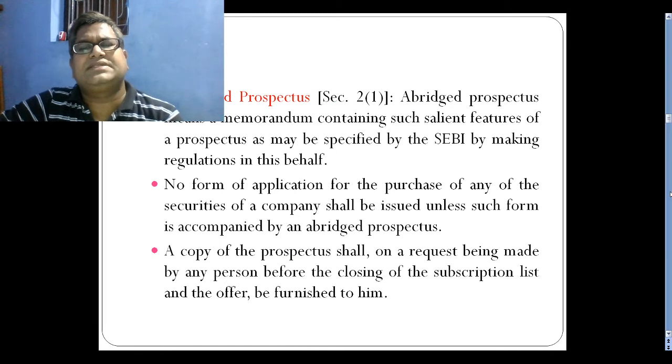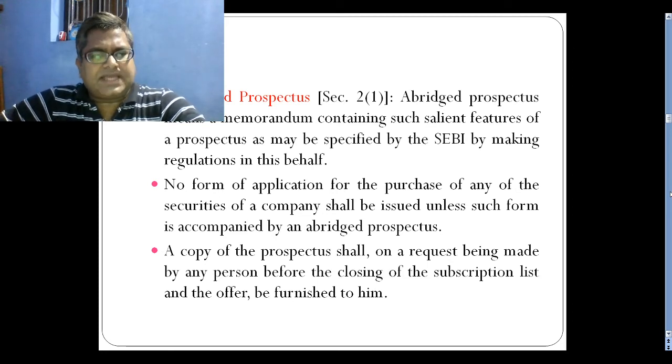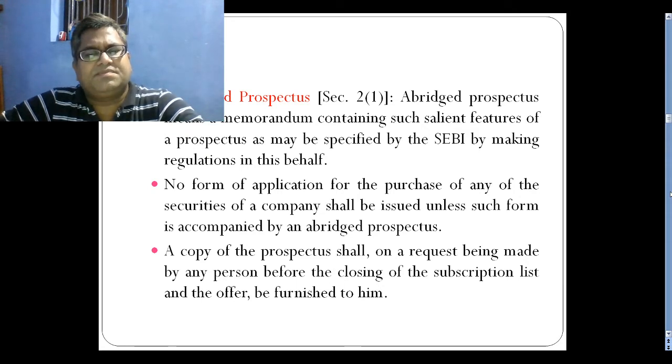It is a memorandum containing salient features of the prospectus, as may be specified by SEBI by making regulations in this behalf. There is no form of application for purchase of any securities, and a copy of the prospectus shall be furnished on request, with the subscription list.